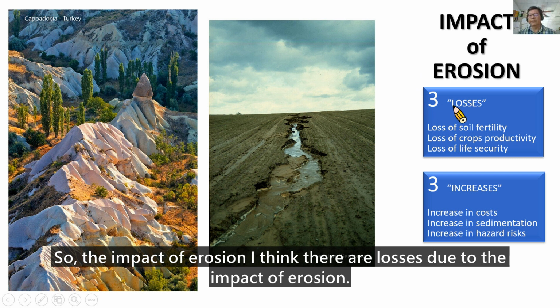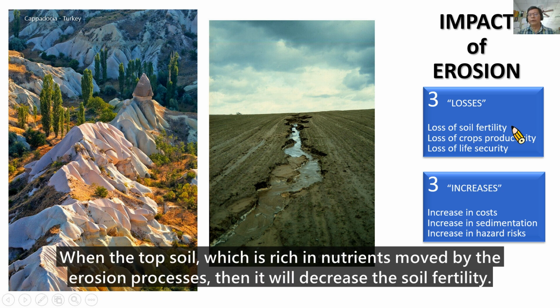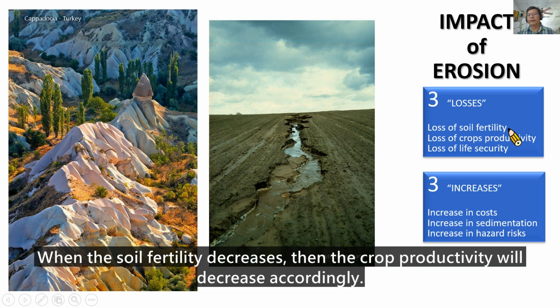So for the impact of erosion, I think there were three losses. One loss is the soil fertility. When the topsoil, which is rich in nutrients, is moved by the erosion processes, then it will decrease the soil fertility. When the soil fertility decreases, then the crop productivity will decrease accordingly.